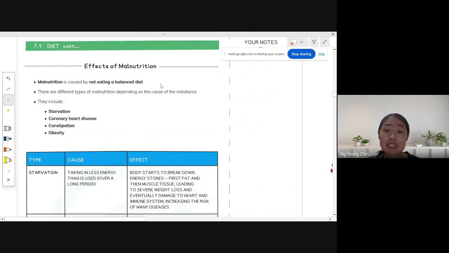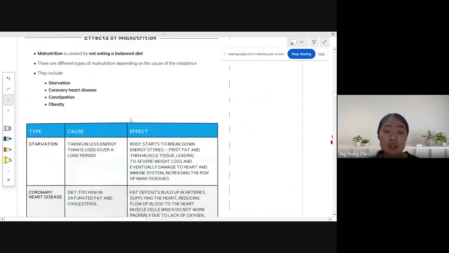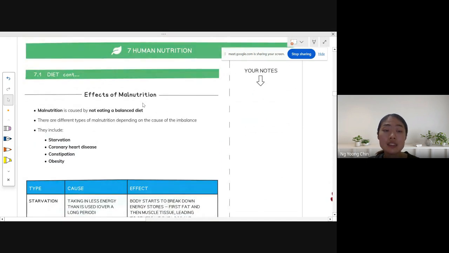Maybe your diet is lacking energy, so you don't gain enough energy. Or you are eating too much already, an excessive calorie intake, leading to disease.